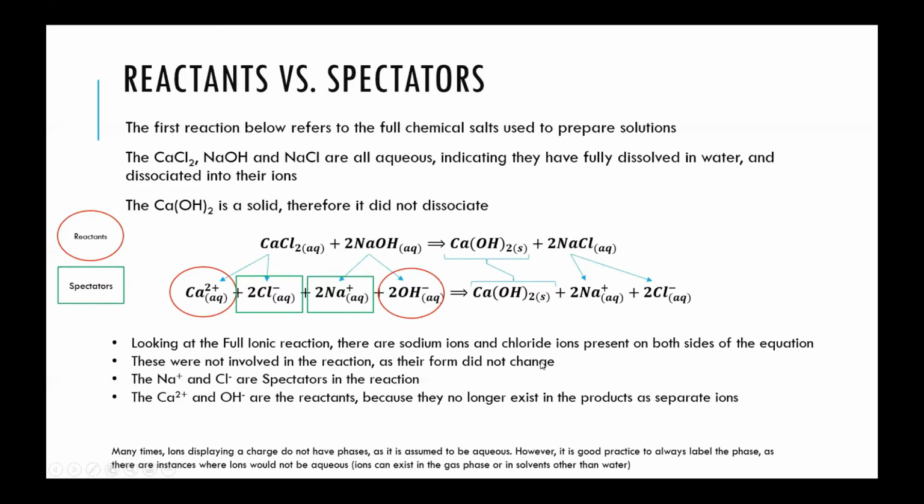And in future experiments, we'll go over in more detail of breaking apart these full reactions into full ionic equations and then net ionic equations. But right now, we're looking at just what is a spectator and what is the actual reactant when we're looking at overall what ions are present in these solutions and which ones are actually forming a reaction.